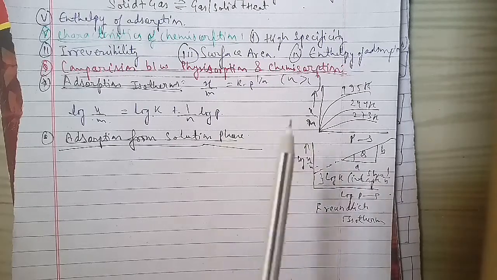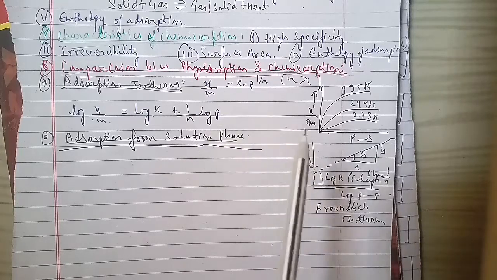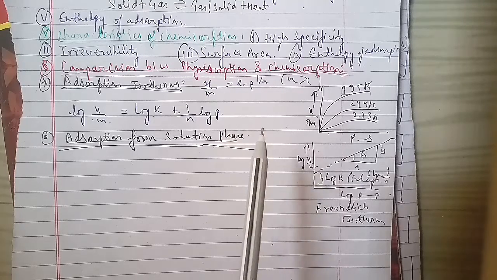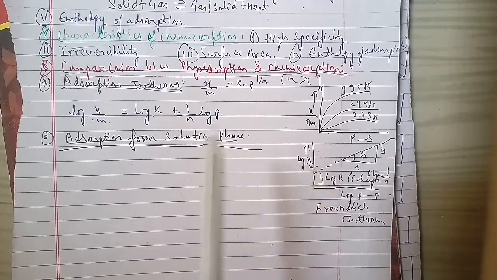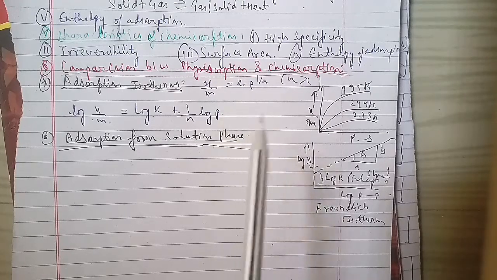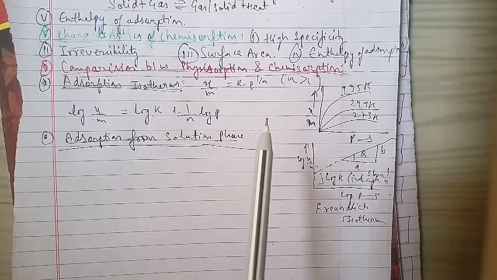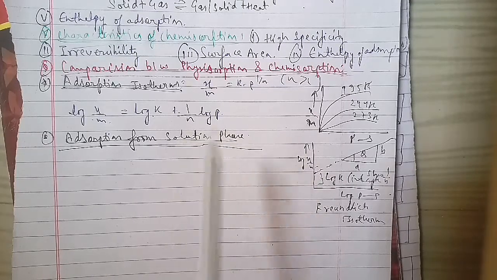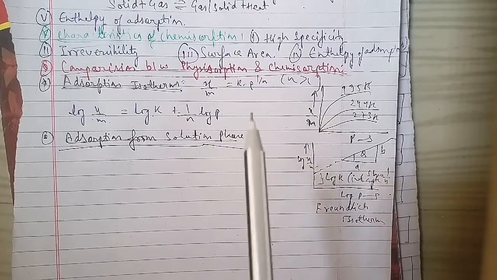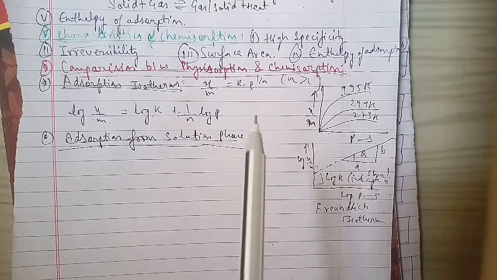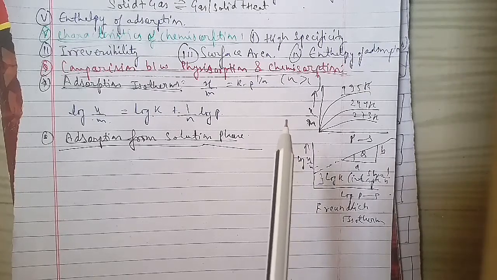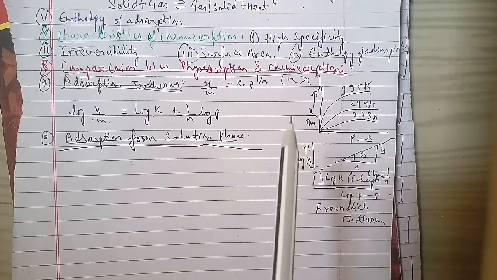And in the same way, the color is adsorbed by the magnesium. The following observations have been made in the case of adsorption from the solution phase. The extent of adsorption decreases with an increase in temperature, and the extent of adsorption increases with an increase of surface area of the adsorbent.